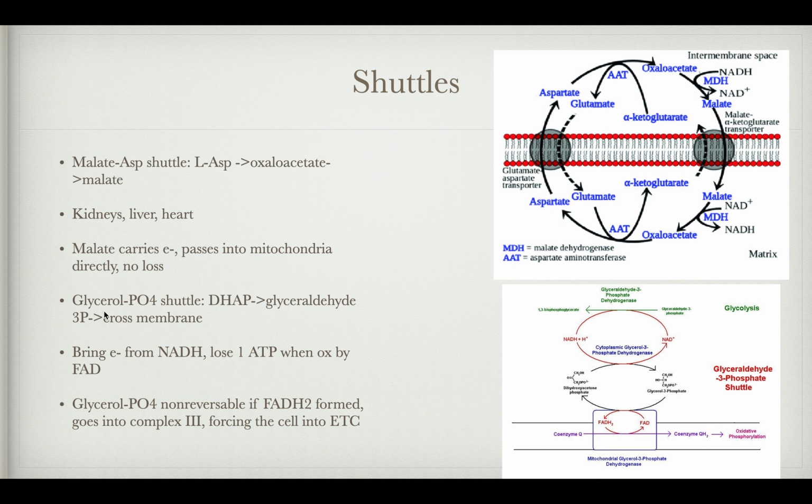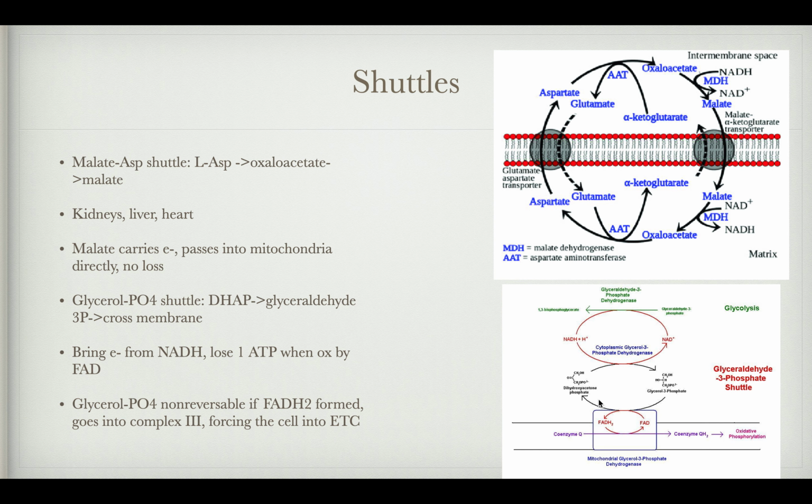And then the next shuttle is the glycerol phosphate shuttle, and that is where dihydroxyacetone phosphate is going to be turned into glycerol 3-phosphate, which can cross the membrane. So this is the less efficient shuttle, because when it crosses the membrane, it gets oxidized, and it loses an ATP when it's oxidized by FAD.